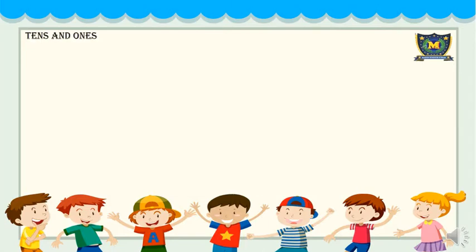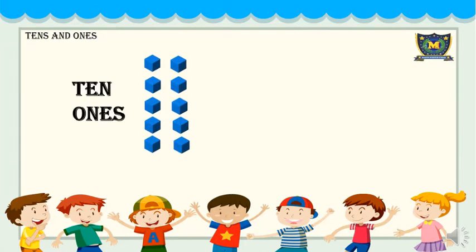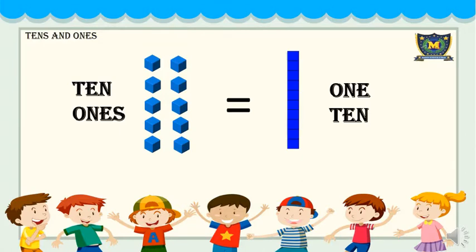Now before we create a number, let us first understand the concept that 10 ones is equal to 1 ten.